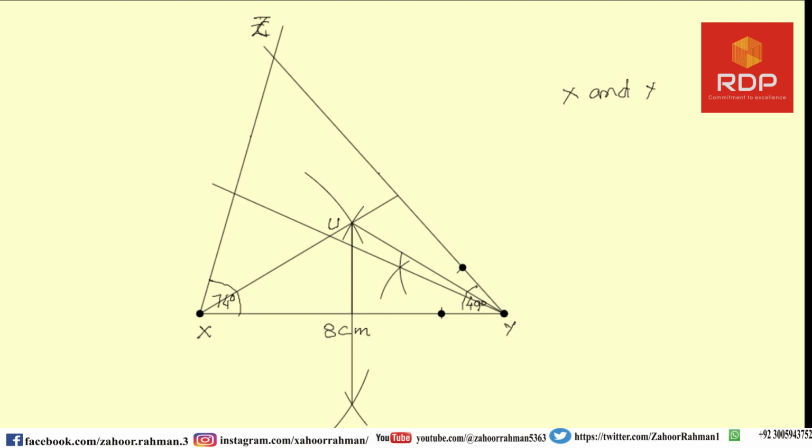Now let us turn our focus to question number 14. In question number 14, they are saying construct triangle ABC such that AB is equal to 10.2.